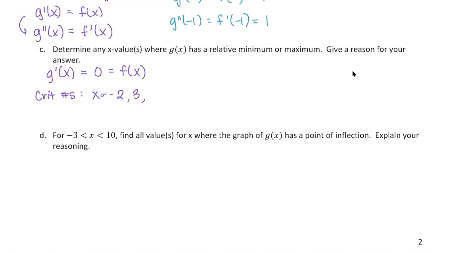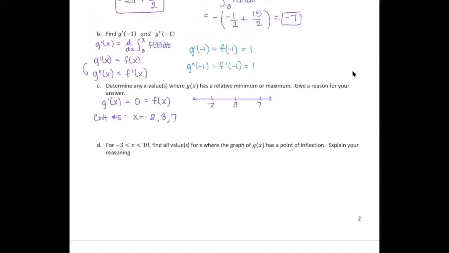Since this is relative maxes and mins, that means we can just use the first derivative test. So we want to look at -2, 3, and 7, and we want to know where the derivative changes from positive to negative or negative to positive.